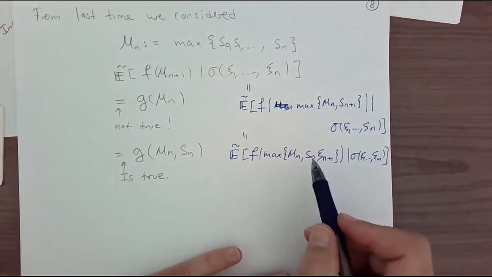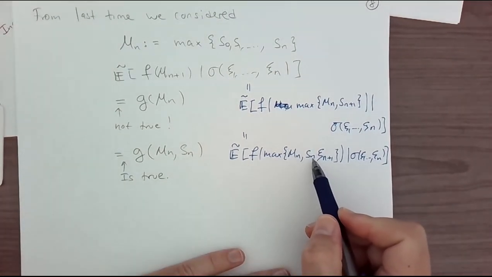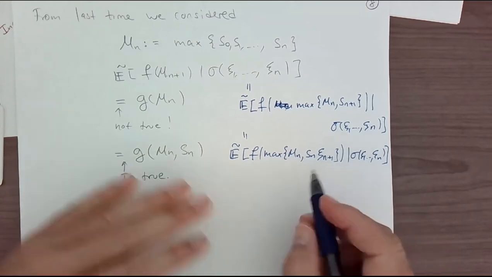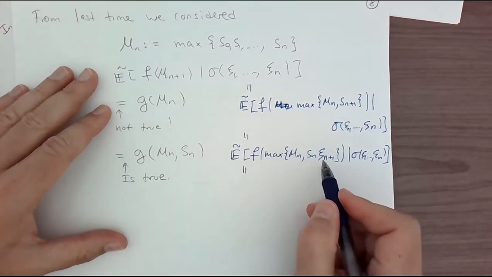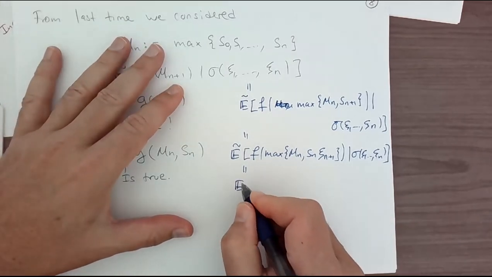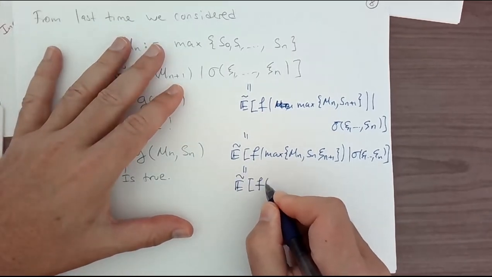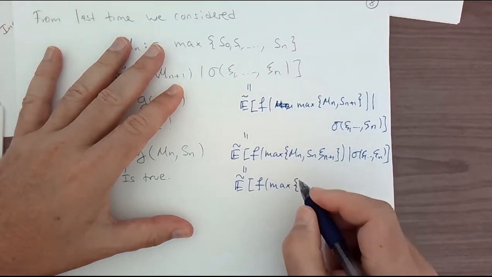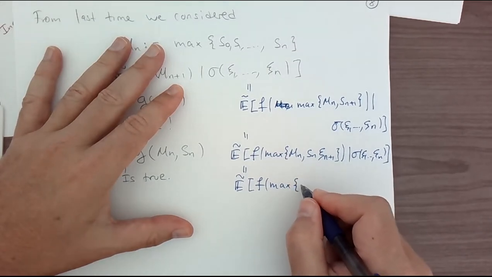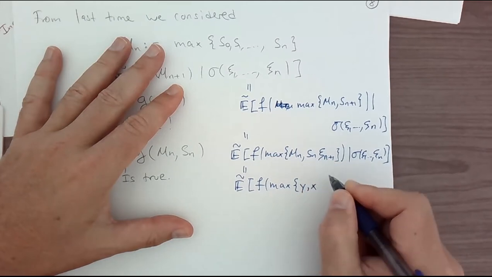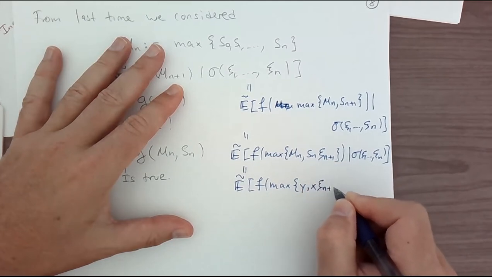And now I'm in business because this one here is measurable, and this one here is independent. So now I can use the independence lemma. I need two dummies now because I have an Mn and an Sn. So I can write this as an unconditional expectation of f of max, and then I'll put in one dummy, say y, and then another dummy, say x, and then psi n plus 1.